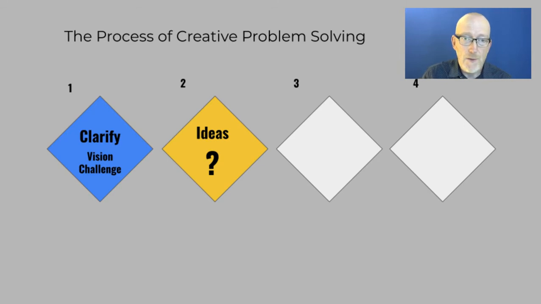Now, number 2 is where you open up to ideas. These could be new ideas. They could be similar solutions that you've used before. Here is where, if you are working on this problem alone, you should ask for help.